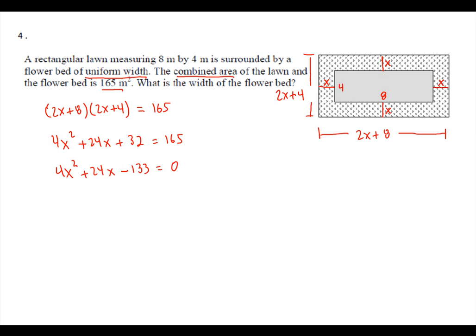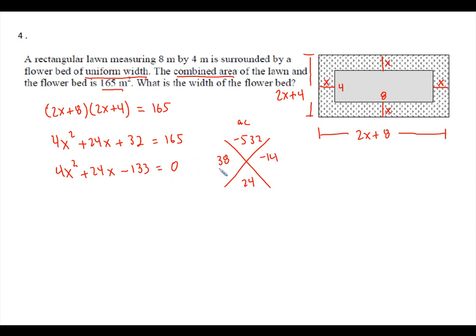Okay, so let's look for a GCF. I don't think there's a GCF, so let's go ahead and make our X. A times c is going to give us negative 532. We're trying to get positive 24. So let's try to find our two numbers. I believe it'll be 38 and negative 14.